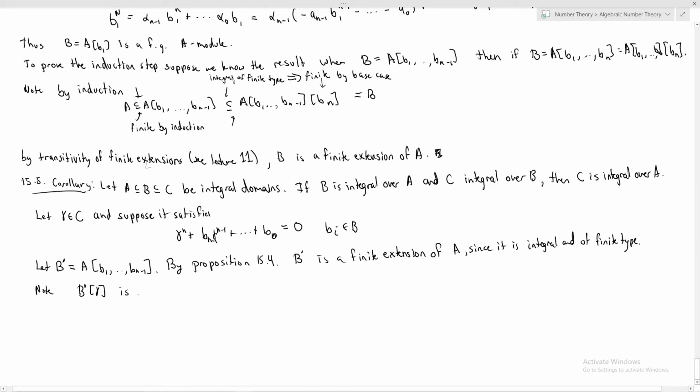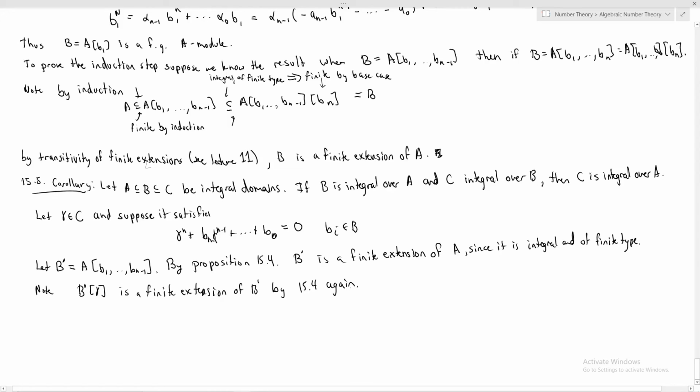This is a finite extension of B prime. Why is this? By 15.4 again. If it is unclear why I'm applying 15.4 again, I would think about it. If you can understand the first application, then you should be able to understand this application.